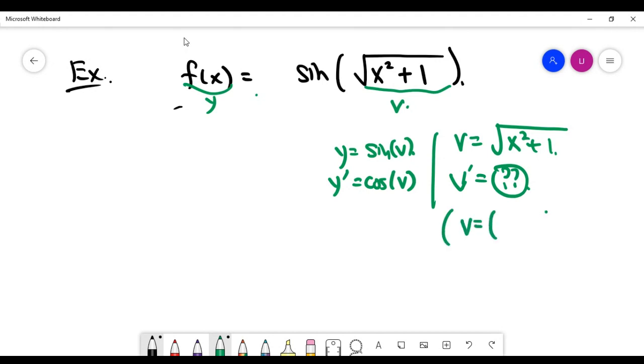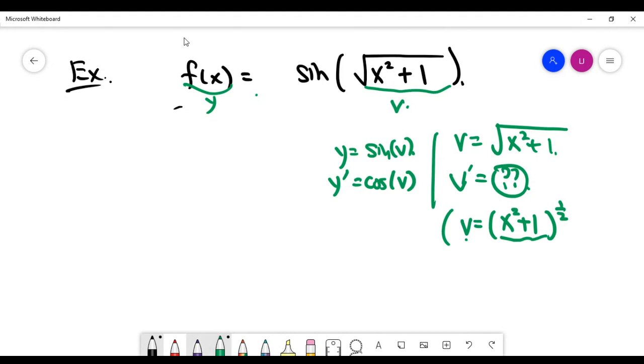If you view the square root as power half, now v is the same as x squared plus 1, the whole thing to the power 1 over 2. And please think about it this way. This v itself is somehow fairly complicated if you try to find the derivative with respect to x. So I think there's a chain rule here.